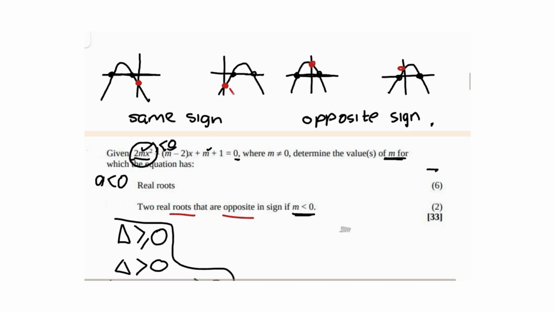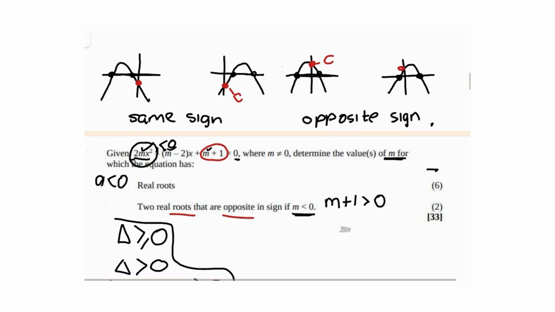Remember, the y-intercept represents c. That is c. It means we are looking at m plus 1. That is our c. And remember, guys, we are working with a negative graph, a graph that has a negative a. So it means we will say when m plus 1 is positive, it's greater than 0.